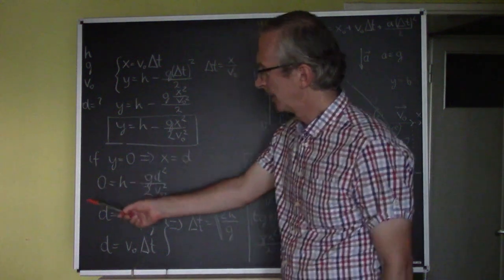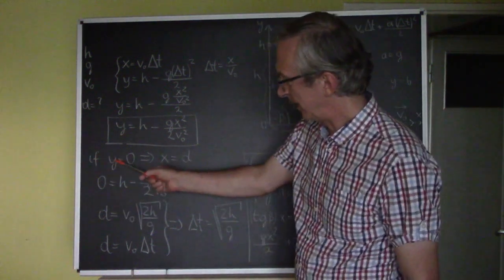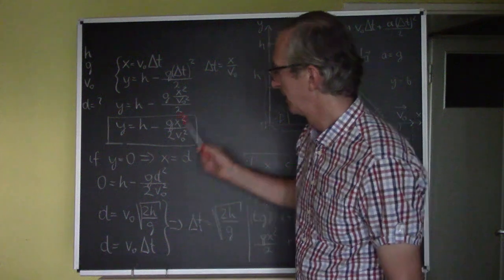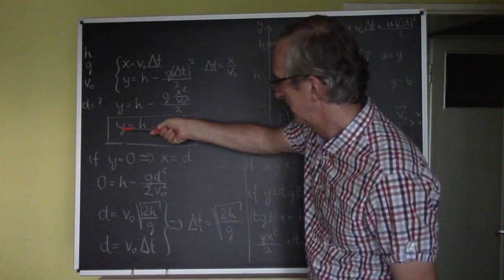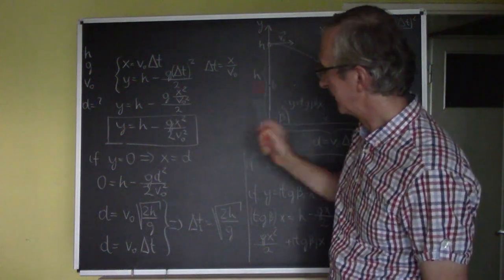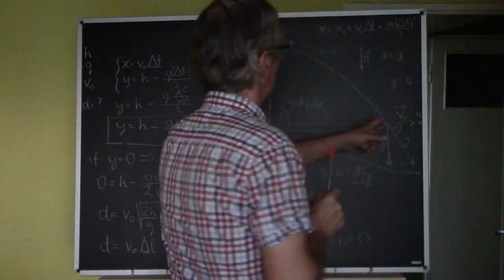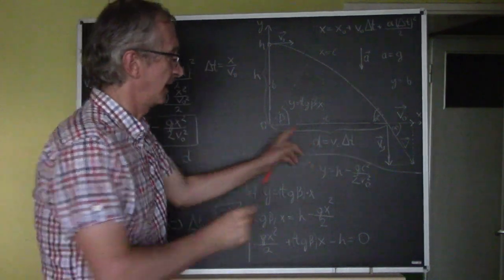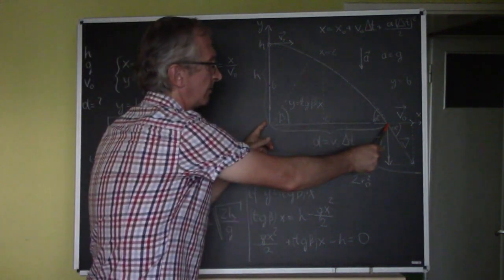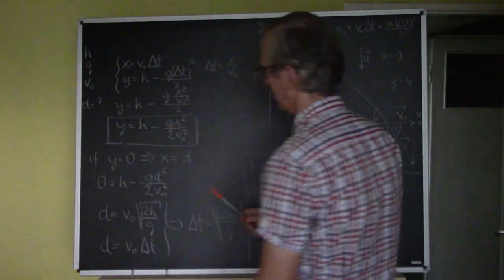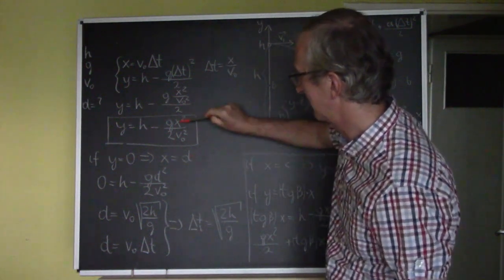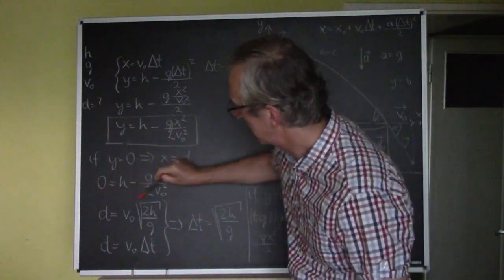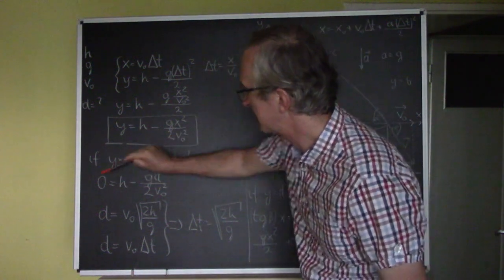So if y equals 0, we put 0 here, and then x equals the distance. So we put d here, and we calculate d from this equation.